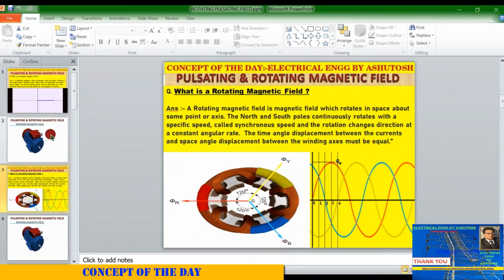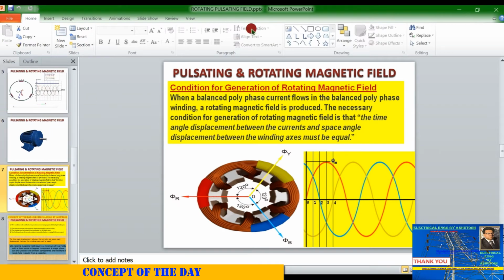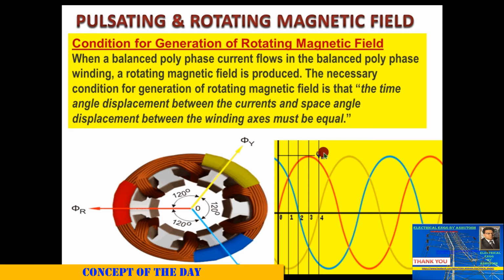And here you can see a very important point: how a rotating field is produced. You can see the conditions for generation of a rotating magnetic field. When a balanced polyphase current flows in a balanced polyphase winding like this, this is the R phase, this is the Y phase, and this is the B phase, and all three windings are displaced 120 degrees apart.